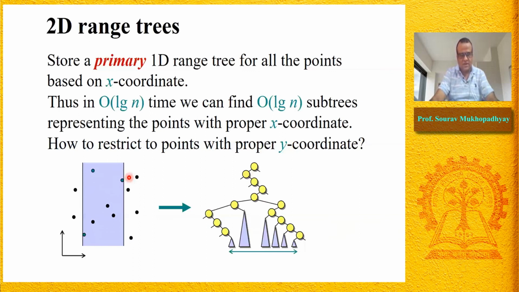So this is orthogonal range search. We are given some rectangle. So this is x1, y1, this has some coordinate, and this is x2, y2.